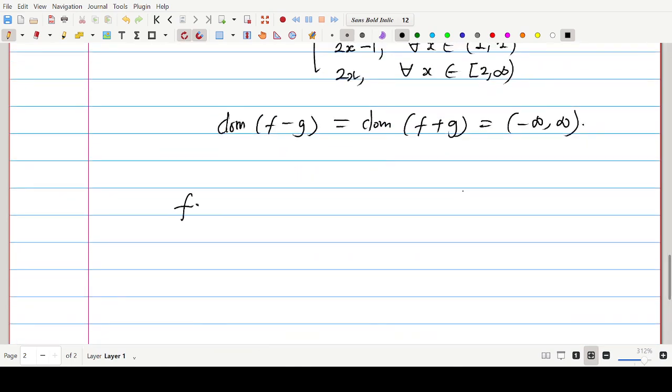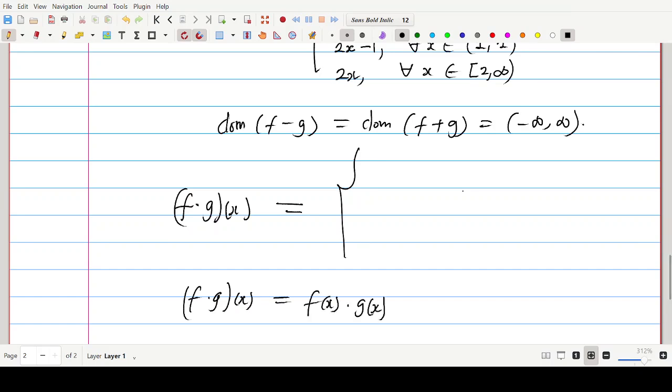That is, f plus g of x is defined the same way using the same domain. Now, in this case, instead of writing f minus g or f plus g, we'll be writing f times g. That is, if we have something of this, we can interpret it as f of x times g of x. Can you see that?